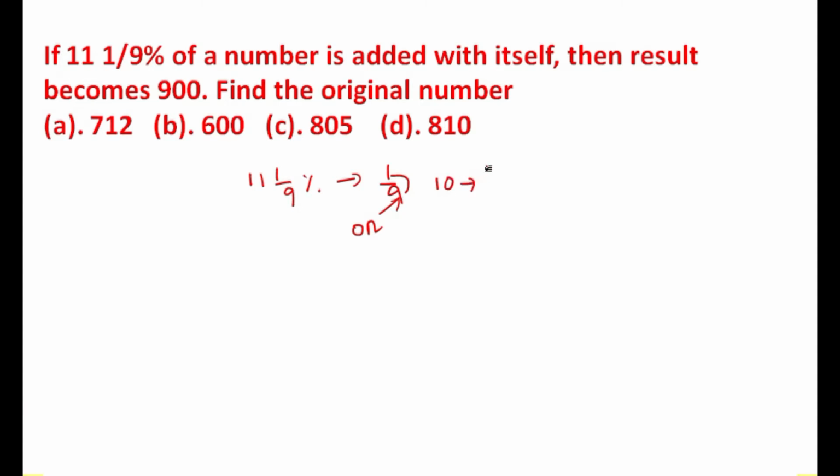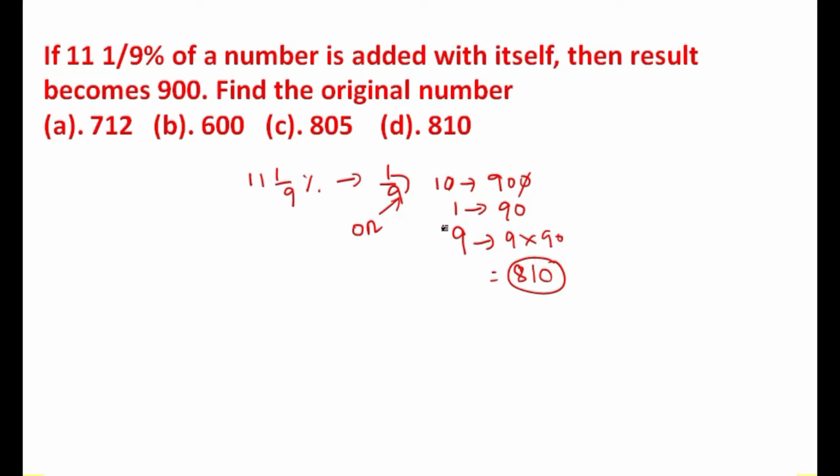Then it is saying that the result becomes 900. So it means that 1 is 90. Then what is the value of this original number? If 1 is 90, then we need to find the value of 9. So 9 means 9 into 90. We get 810 as an answer.